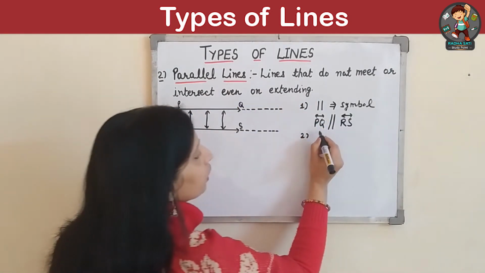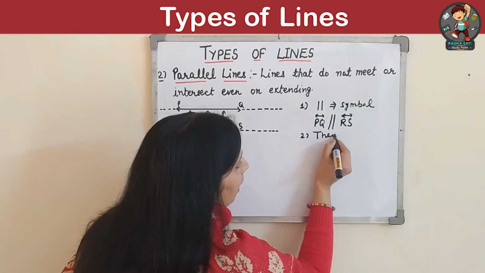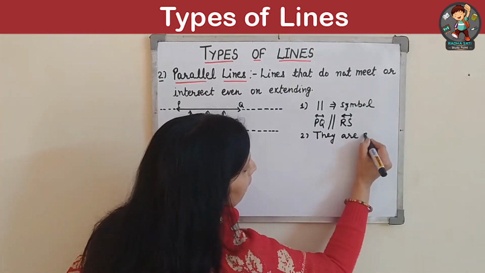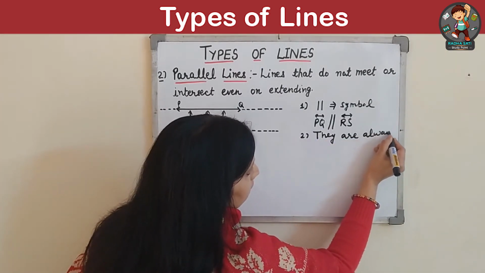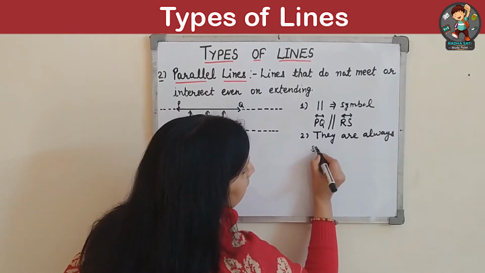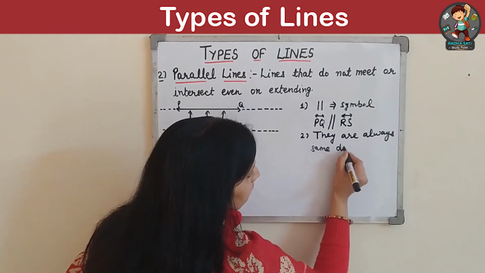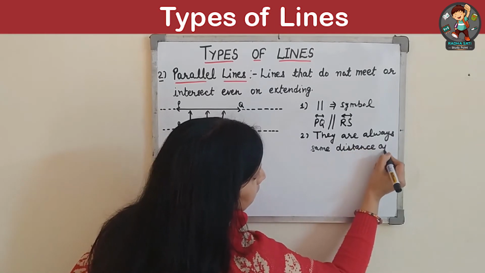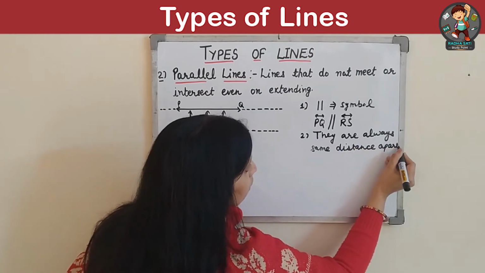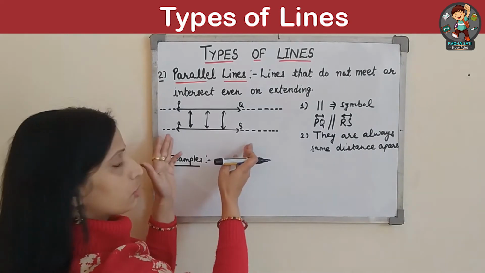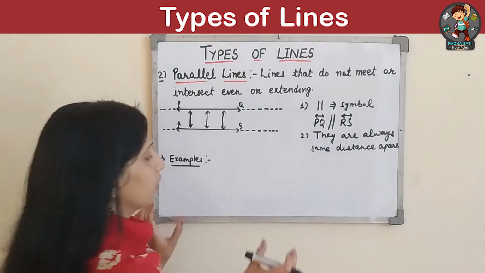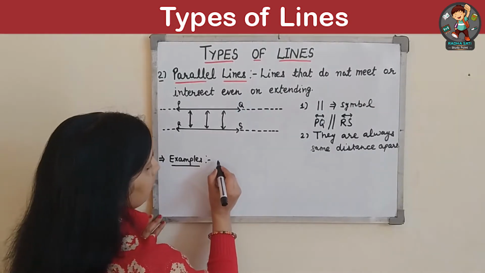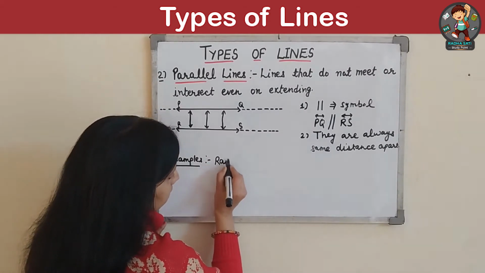So they are always the same distance apart. The examples of parallel lines are, for example, railway tracks.